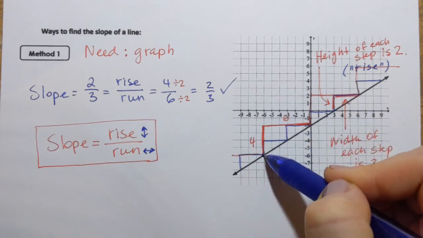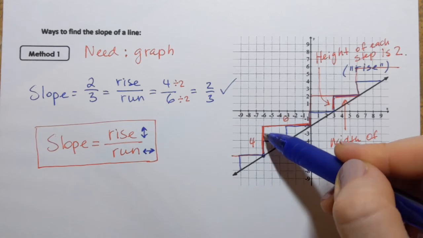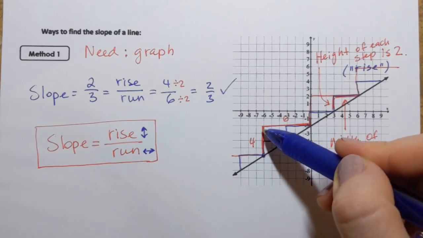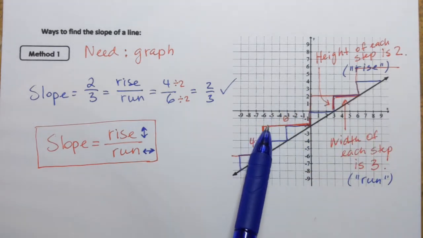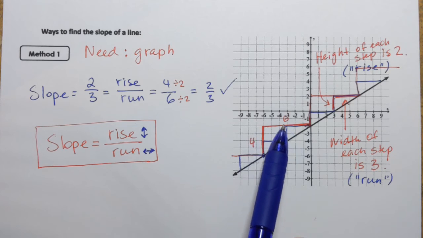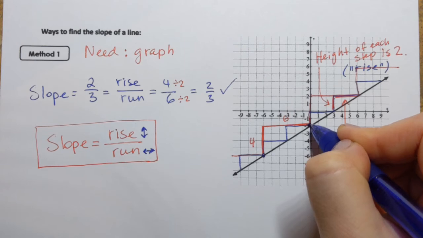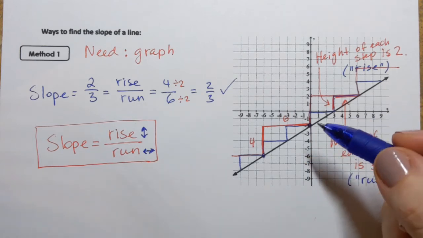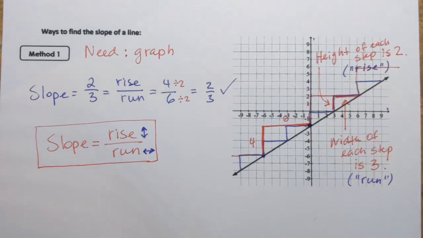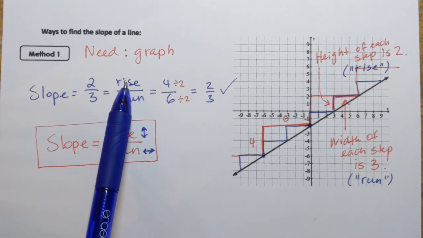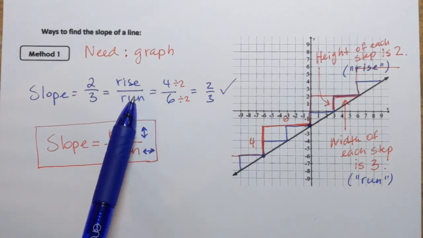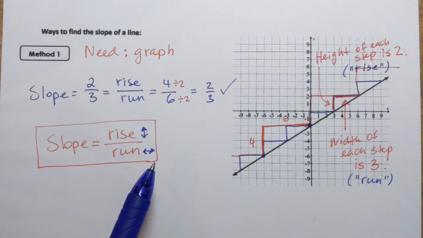So it should be right on the grid. And then you go up or down to find the rise, and then right or left, depending which direction you're trying to go, to get to the next point on the graph. And then you put those two numbers together, well, in the right order, right? Rise, the vertical change, on the top, and the run, horizontal change, on the bottom. And you calculate the slope.